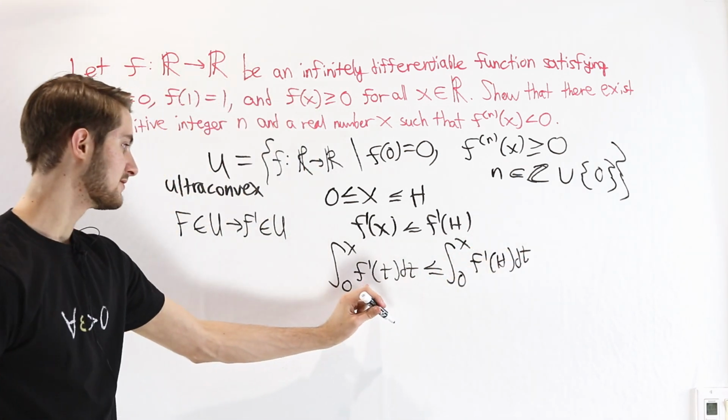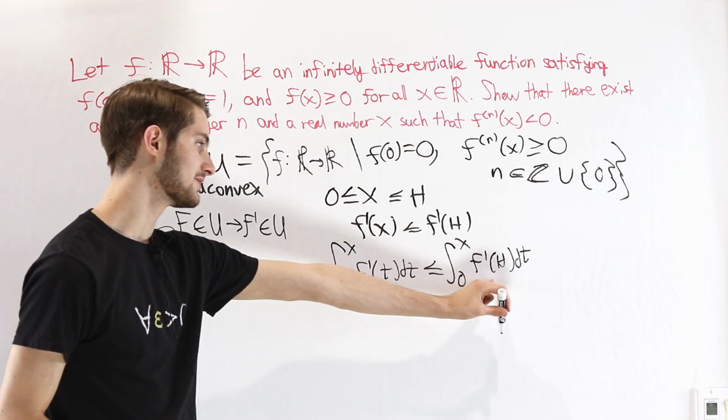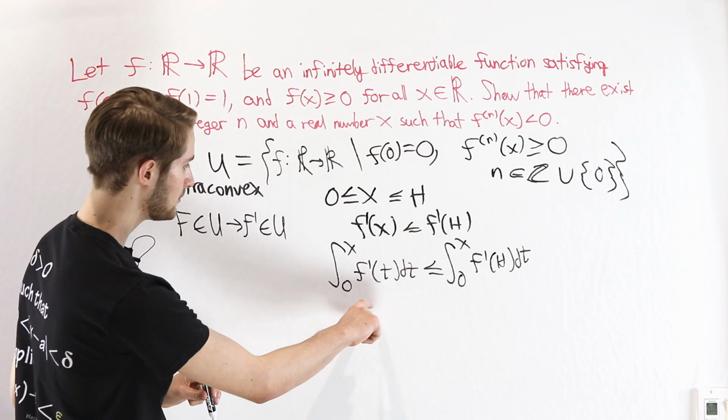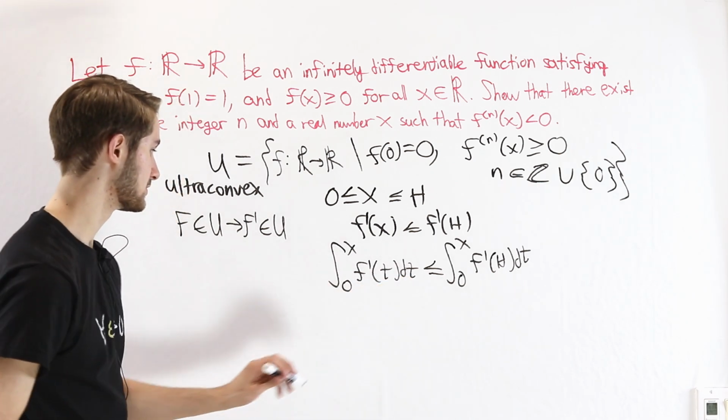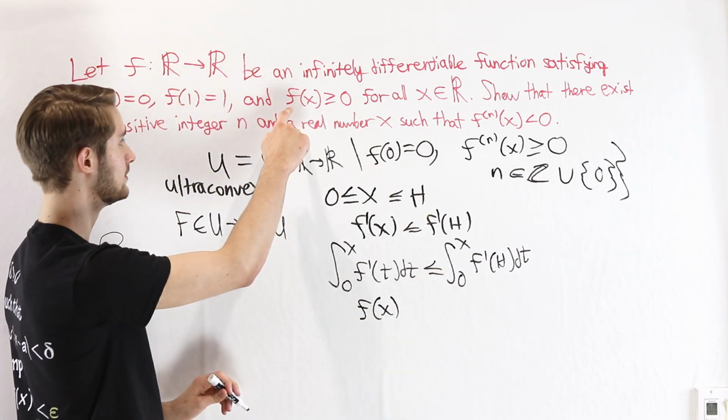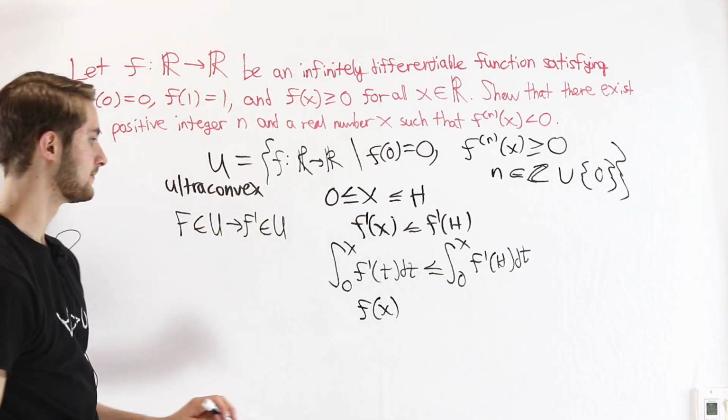So the integral of f prime of t must also be less than or equal to the integral of f prime of h. Over here, we're just integrating a derivative with respect to t, so we're going to get f of x minus f of 0, which is just 0.